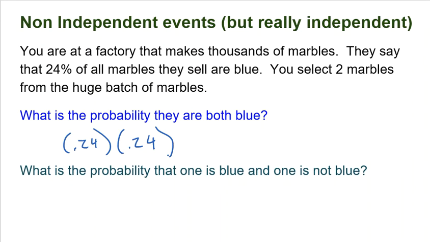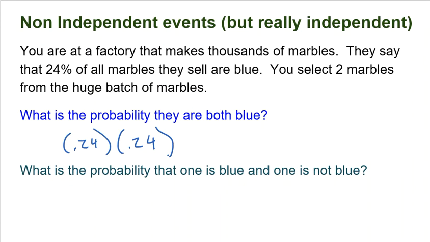Technically, if there's thousands and thousands of marbles and you take a blue one out, well, there's technically one less marble. So the probability that the next one is blue might be 0.23999999999999999. So at that point, we're like, well, what's the difference? We might as well just say it's 24%. So this is why I'm saying that these are independent events, even though they're not really independent.